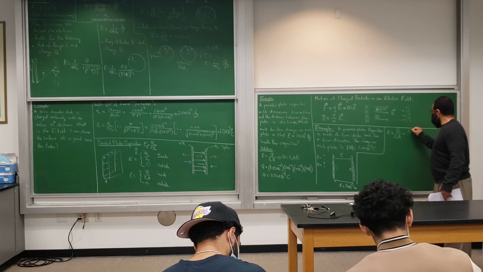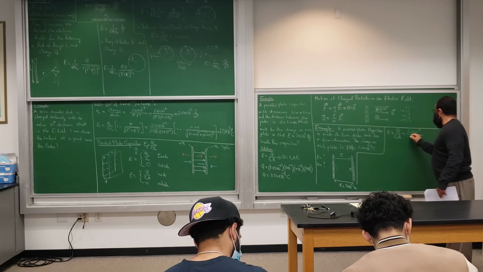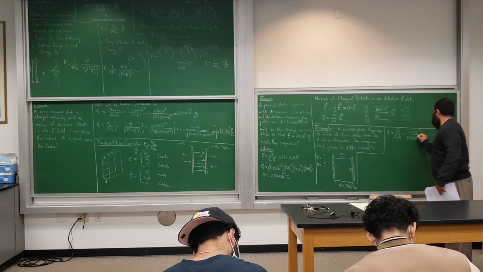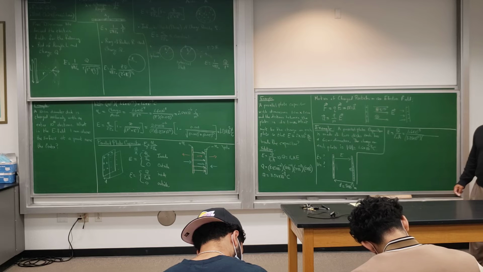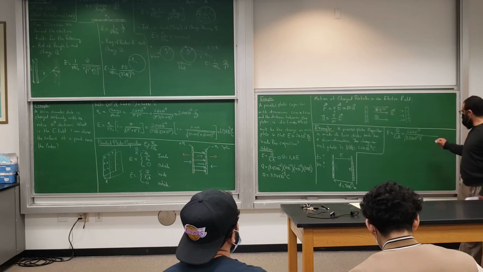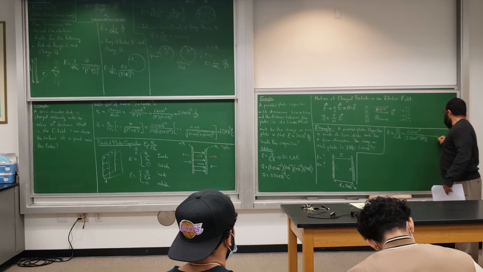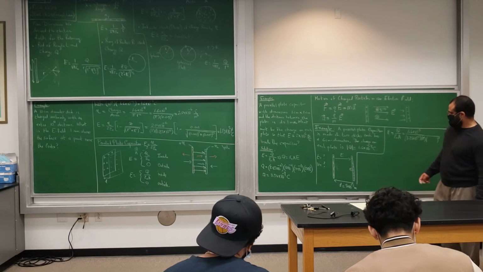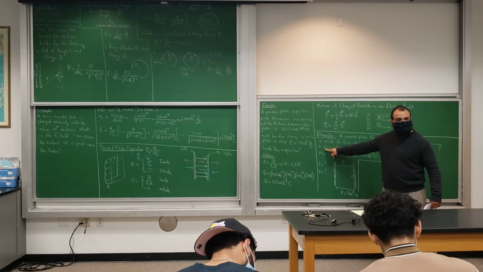So 1.6 times 10 to the minus 8 divided by epsilon naught, which is 8.85 times 10 to the minus 12, and then the area. The area of the plates is pi r squared, so pi r squared. What is the radius of the plate? 3 centimeters or 0.03 meters, right?